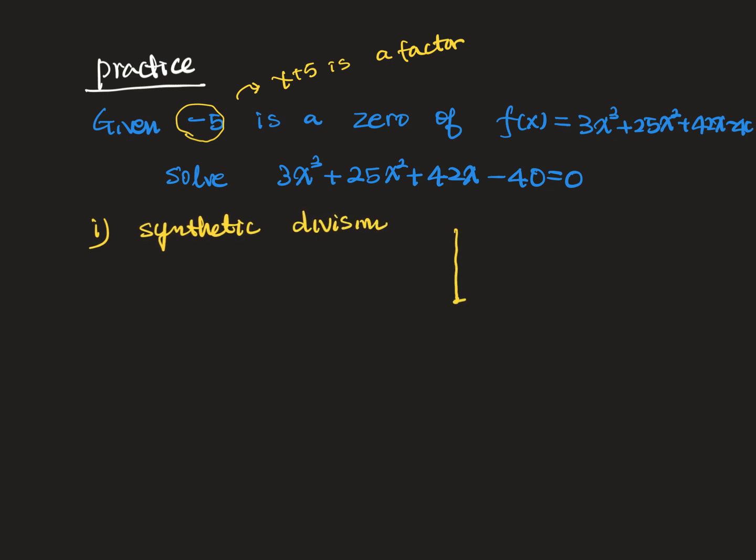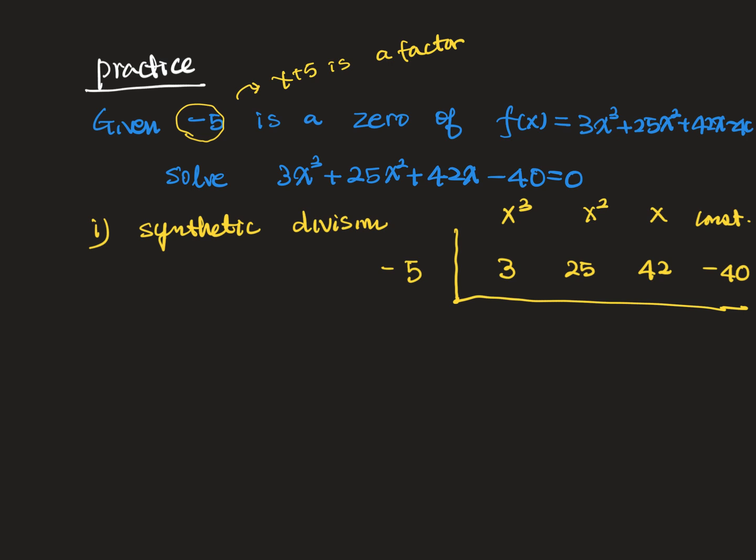Look at this synthetic division. It is x cubed, x squared, x, constant. Here is just 3, 25, 42, negative 4, 40. So they say the zero is negative 5, so I'm going to put negative 5.